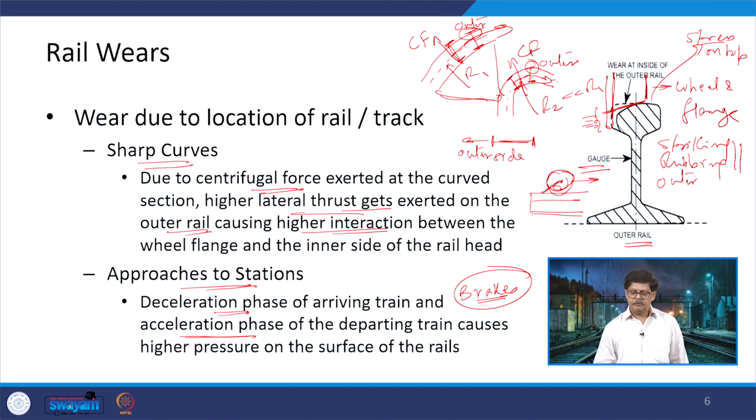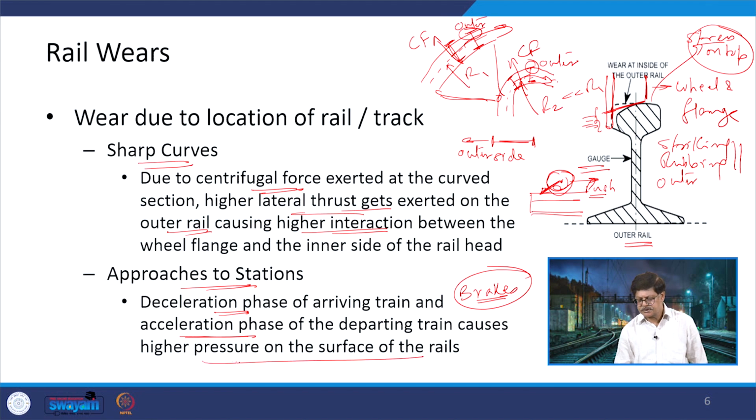Then it will try to exert some force at the back side, so that it can push in the forward direction. So, in that case also there will be more stress on the top of the rail head. So, this is also another issue. You have the departing trains causing higher pressure on the surface of the rails, that surface which we are saying here is the top table.